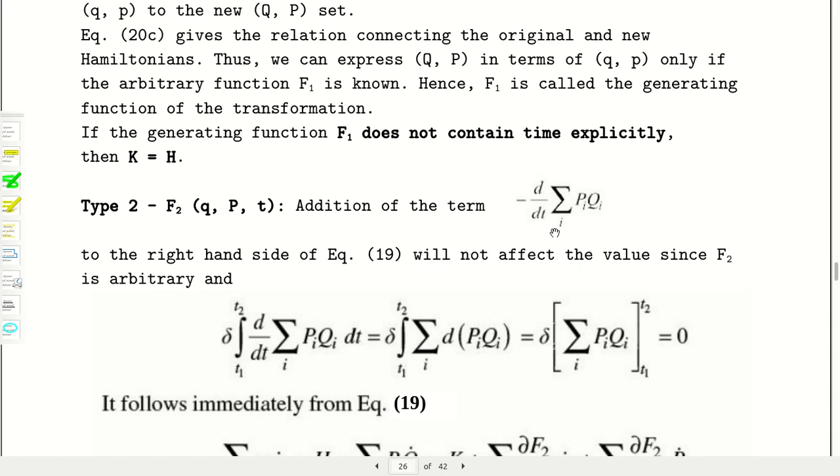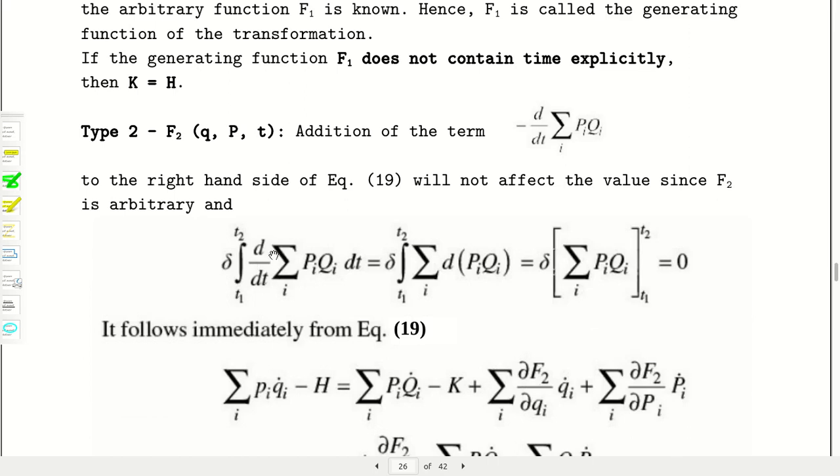This term also doesn't make any difference to that equation, because if you do the variational integration on this term, we will get the result 0 again. See here, d/dt of the sum over capital Pi into capital Qi. So dt will vanish in the variational equation, and d of this will result in the summation as the answer of the integral, at t2 the upper limit and t1 the lower limit, and delta is outside, upper limit minus lower limit.